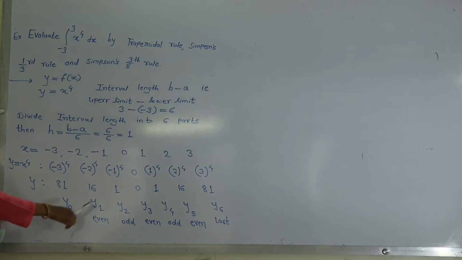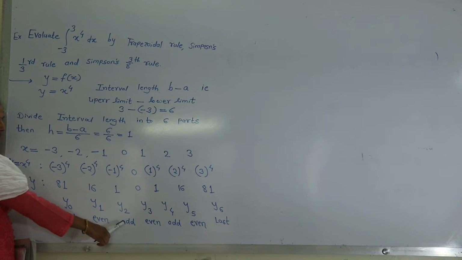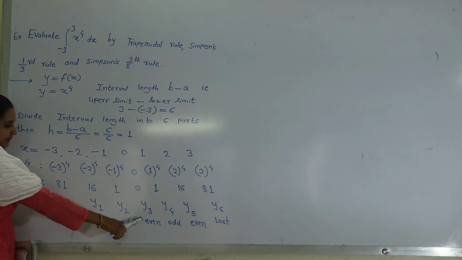The meaning of odd and even ordinates: second place means even and third place means odd. Fourth place means even.